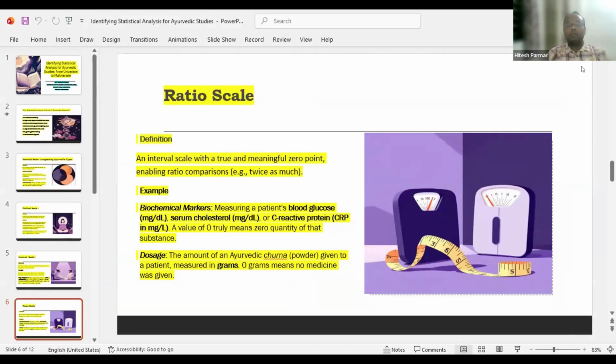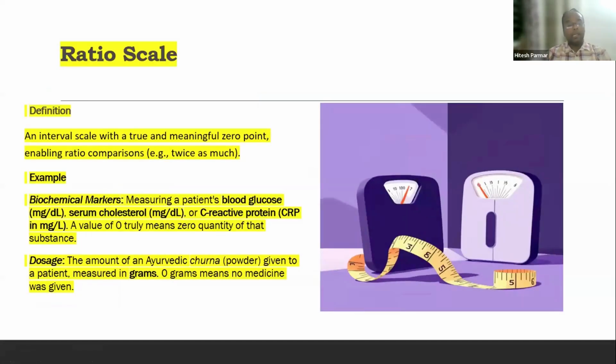Am I dealing with nominal data? Ordinal data? Interval data? Ratio data? For any data that you collect, you should be able to identify which scale of measurement you are dealing with. This is the first step in identifying the statistical analysis.